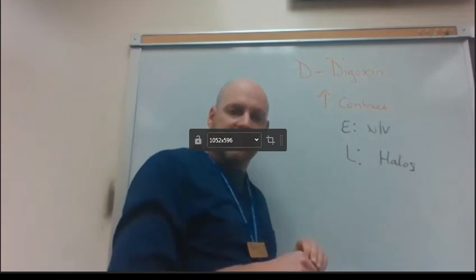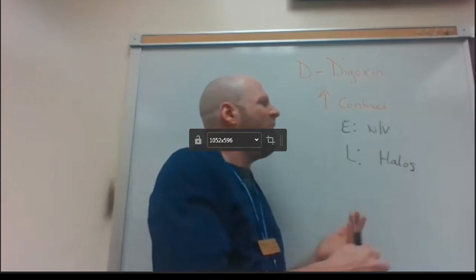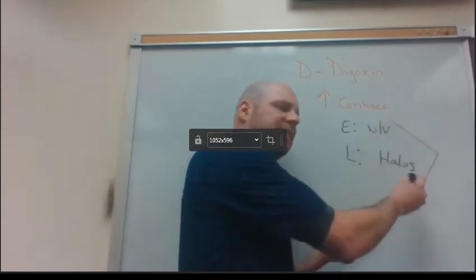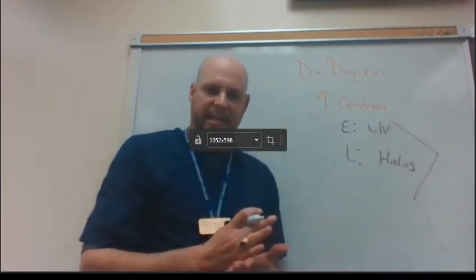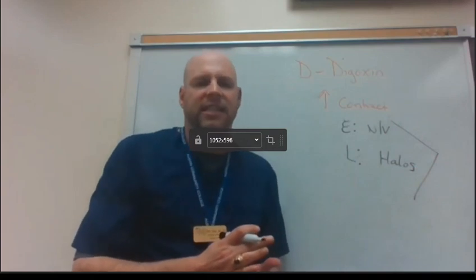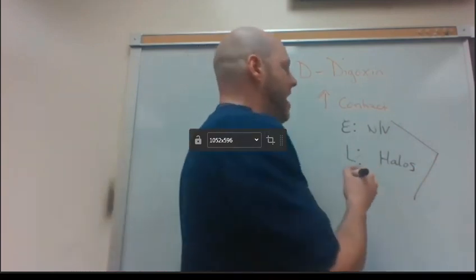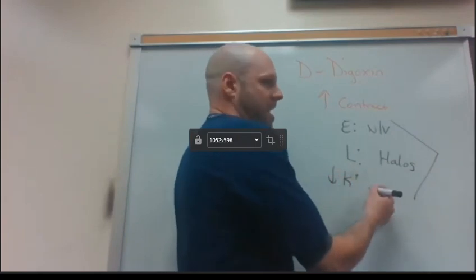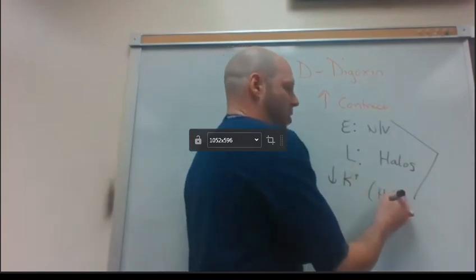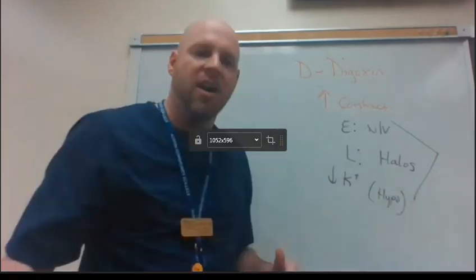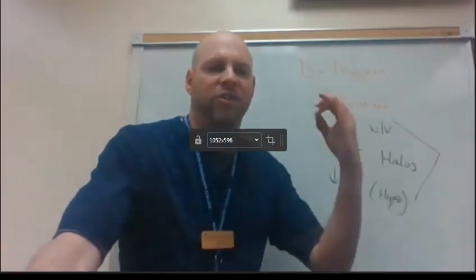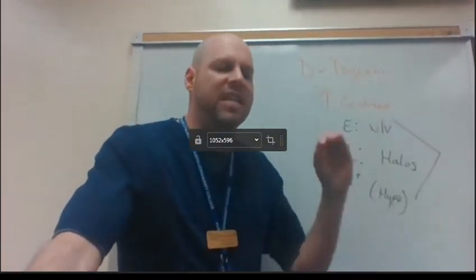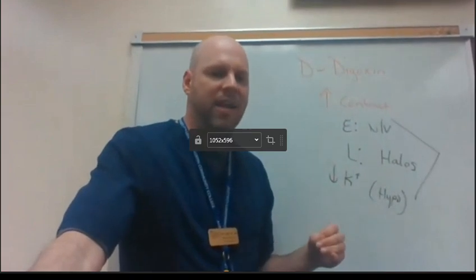Finally, the last thing I want to say about digoxin is, what is causing digoxin toxicity? What causes digoxin toxicity is low potassium, known as hypokalemia. Remember I told you for all cardiac meds you need to check the potassium level?